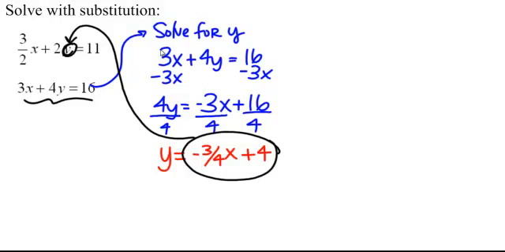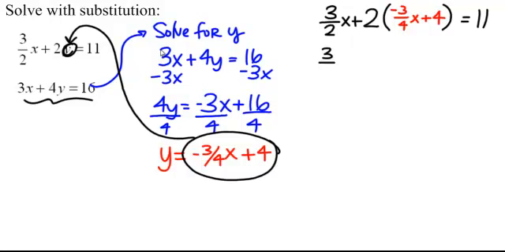So everything stays the same. I still have 3/2 x plus 2, but this time instead of writing y, I'm going to write what y equals. Negative 3/4 x plus 4. And it still equals 11.